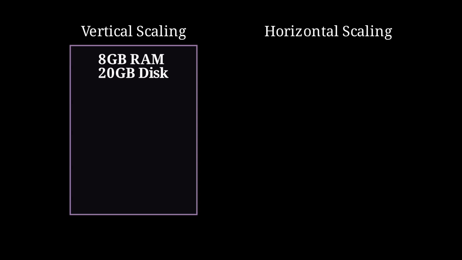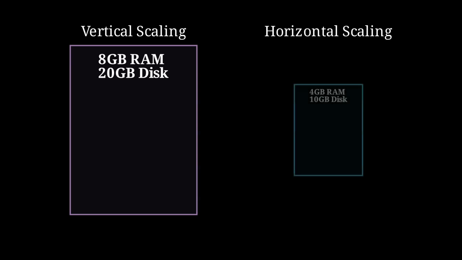Then what is meant by horizontal scaling? For example, we already have one server with 4 GB RAM and 10 GB disk, and you don't increase the capacity. Simply you increase the replicas of that server.